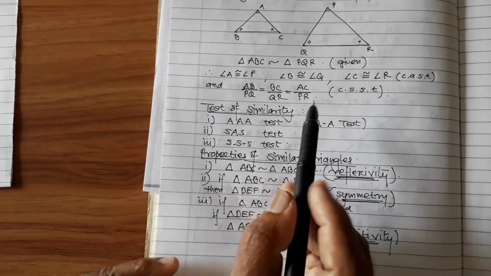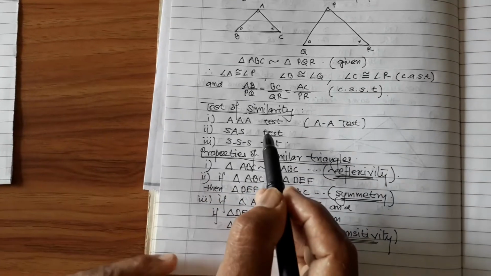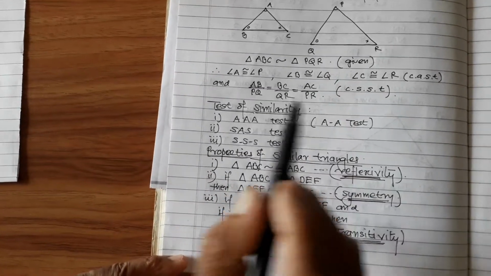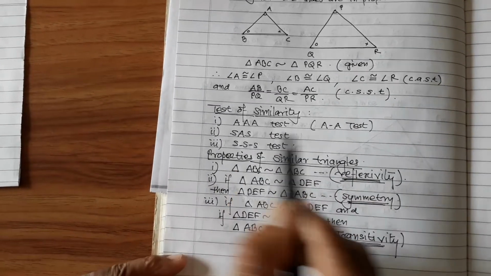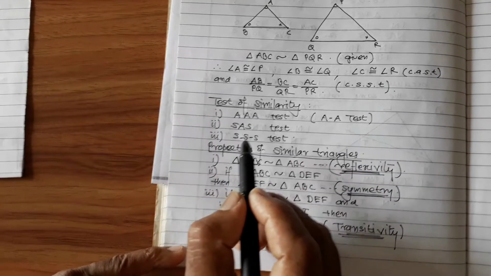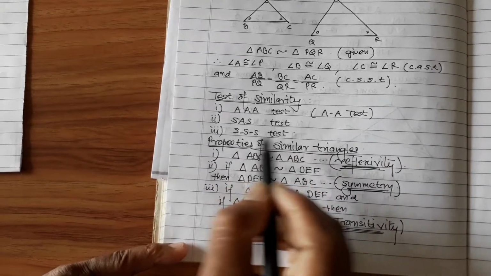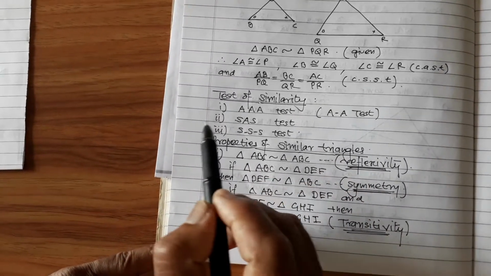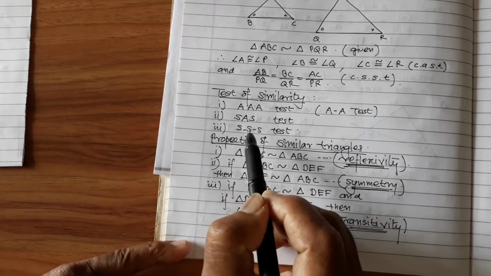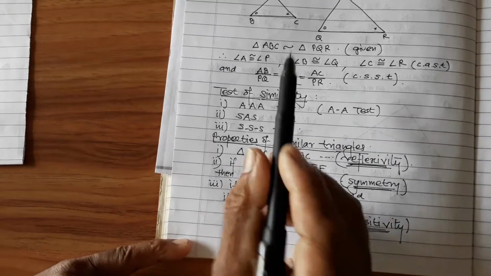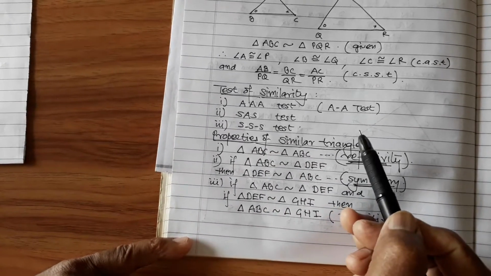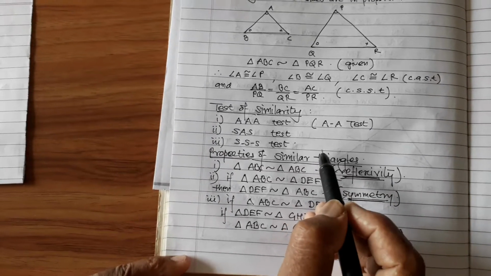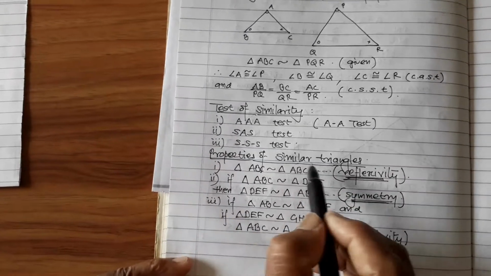If two corresponding sides and the angle between them are congruent, then the two triangles are similar. Third test, SSS, that means all sides are proportional. If all sides are proportional, then these two triangles are similar. Remember, the sides are not equal but proportional.